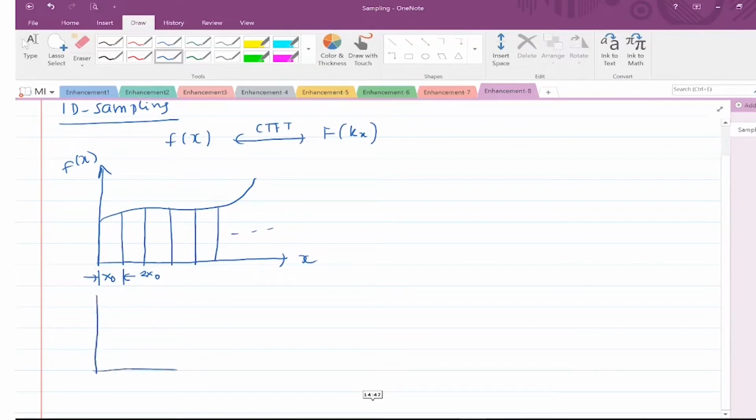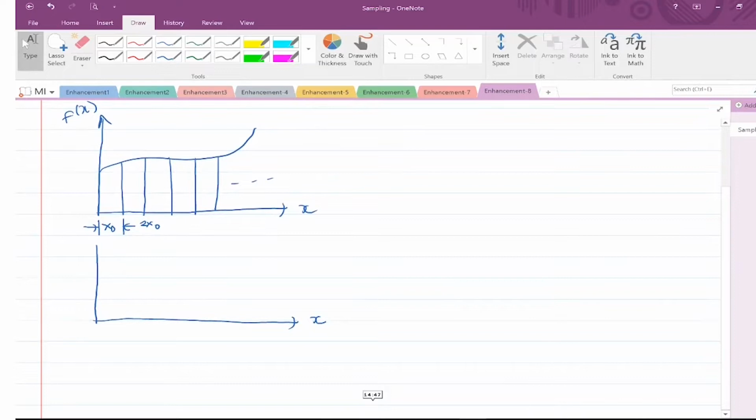One way that you could think of is multiplying it with an impulse train. For simplicity, I'll draw it just on the positive side, but you could extend it if you want. If you multiply it with an impulse train which has a periodicity of x naught, then you would of course retain its values only at those particular points.